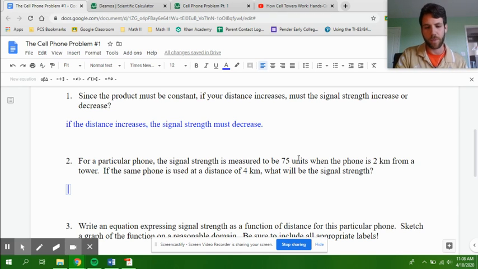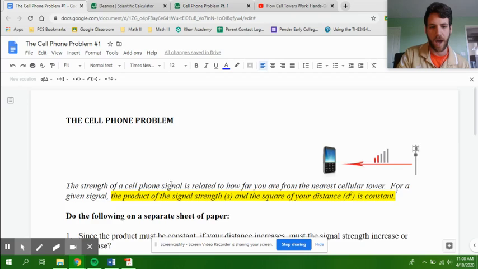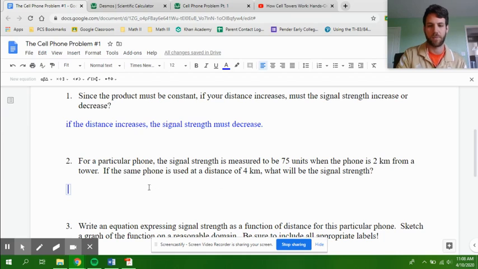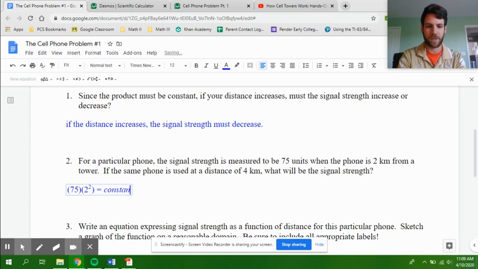So let's look at the first part. We know that the product of signal strength and the square of distance has to be constant. That's important. So we're going to first do 75 times, which is our signal strength, times our distance squared, 2 squared. And that is going to give us whatever the constant is that they were referring to.